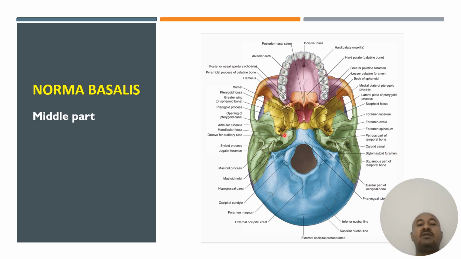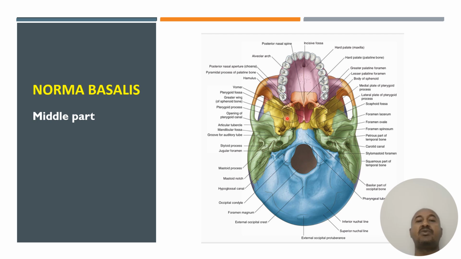Okay, let us study now the middle part. The middle part of the base of the skull is formed by the greater wings of the sphenoid bone. Here, these are the greater wings in yellow color. This is one wing, and here, this is the other wing of the sphenoid bone in yellow color. And the pterygoid part. This is the pterygoid part. It looks like the foot or the legs of the sphenoid bone.